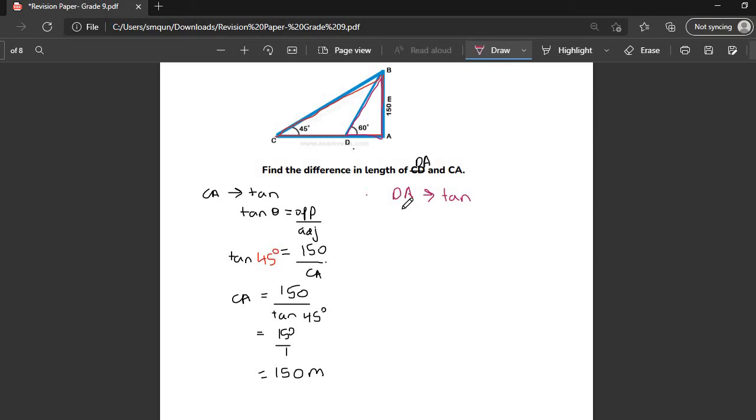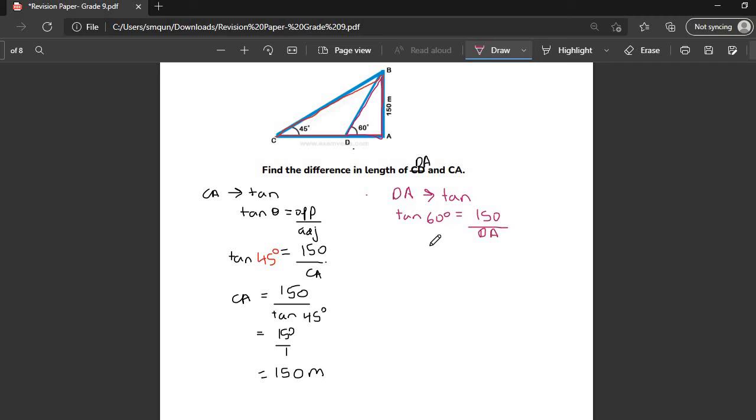We already know what tan theta is, so we're just going to substitute our information. Remember, it's not tan 45 because we're working with the smaller triangle. It would have to be tan 60 degrees. So tan 60 degrees is equal to the opposite, which is still 150, over the adjacent side, which is DA this time.